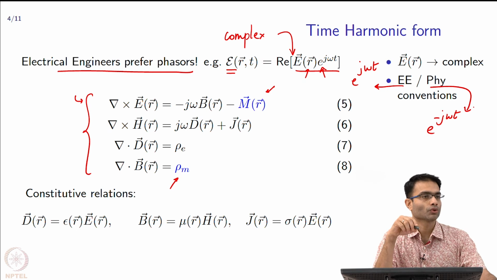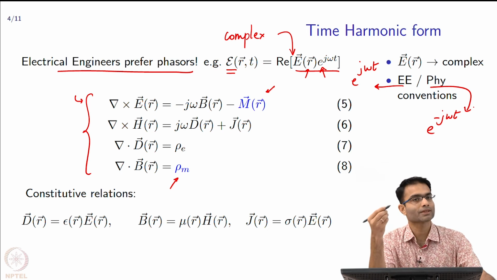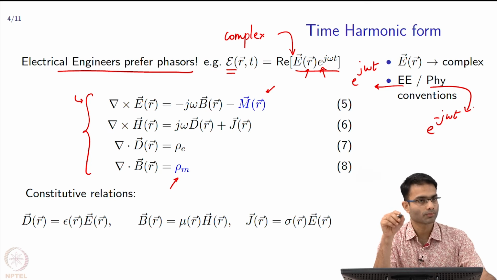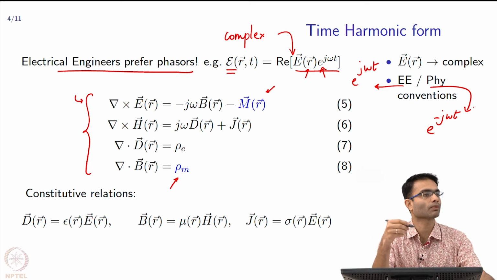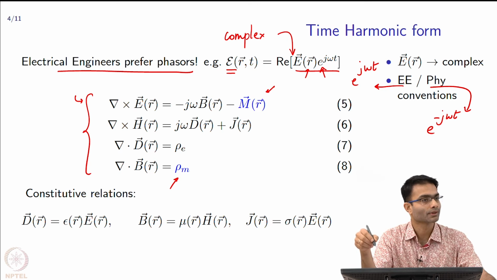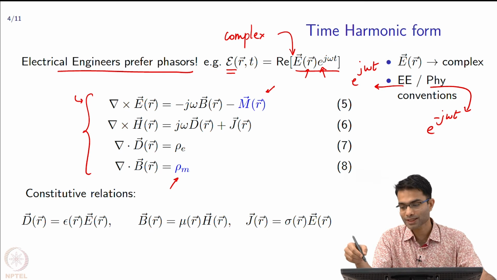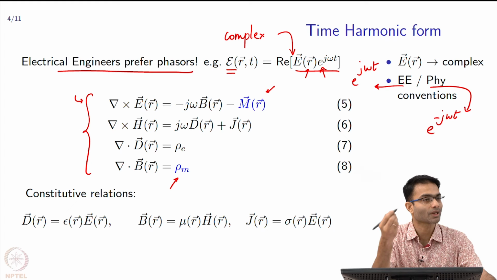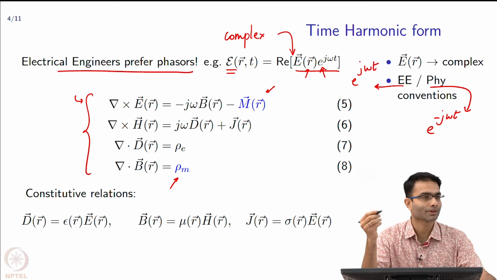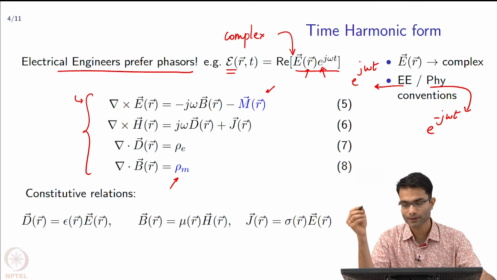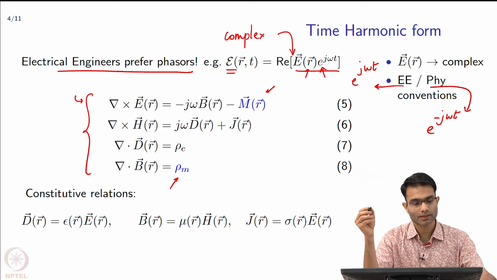Whatever book you pick up, go right to the beginning and see what time convention they have used. Both are correct, but if you get confused, all your answers will be wrong by a minus sign everywhere, because of this simple difference. Another difference is that physicists will not use j, they will use i for the imaginary constant. So, those are the phasor relations.